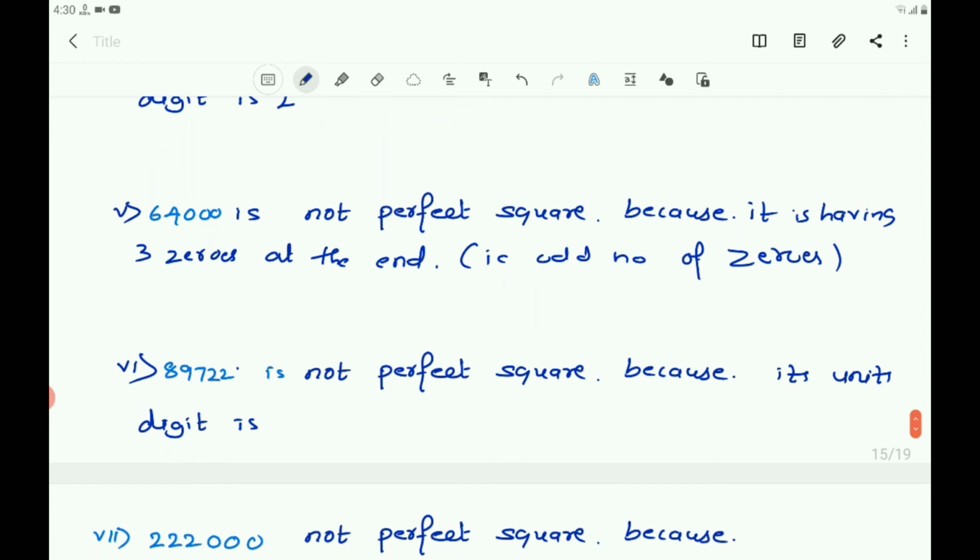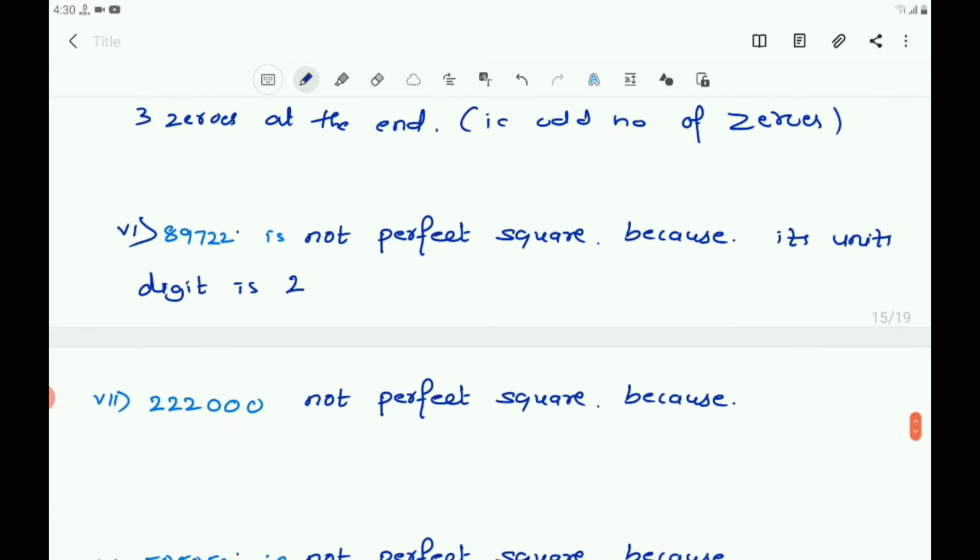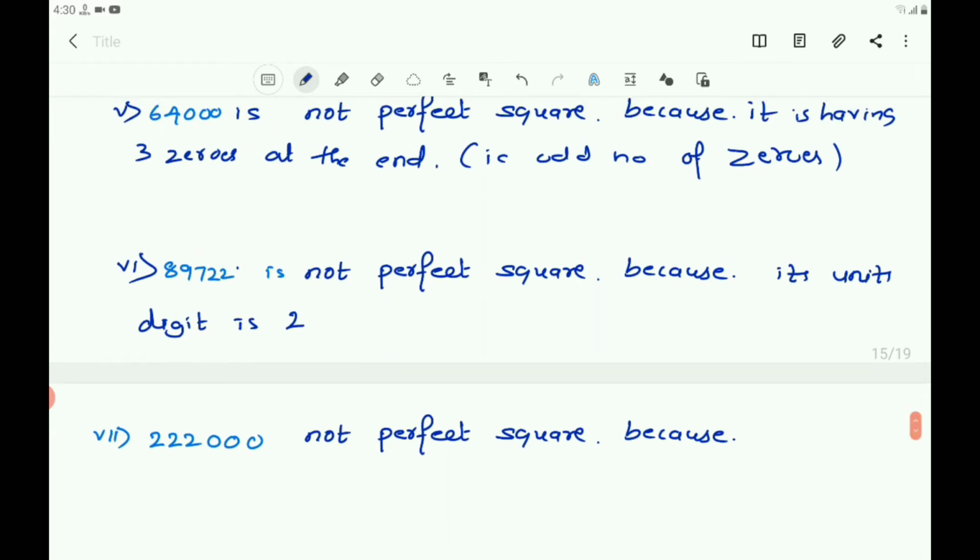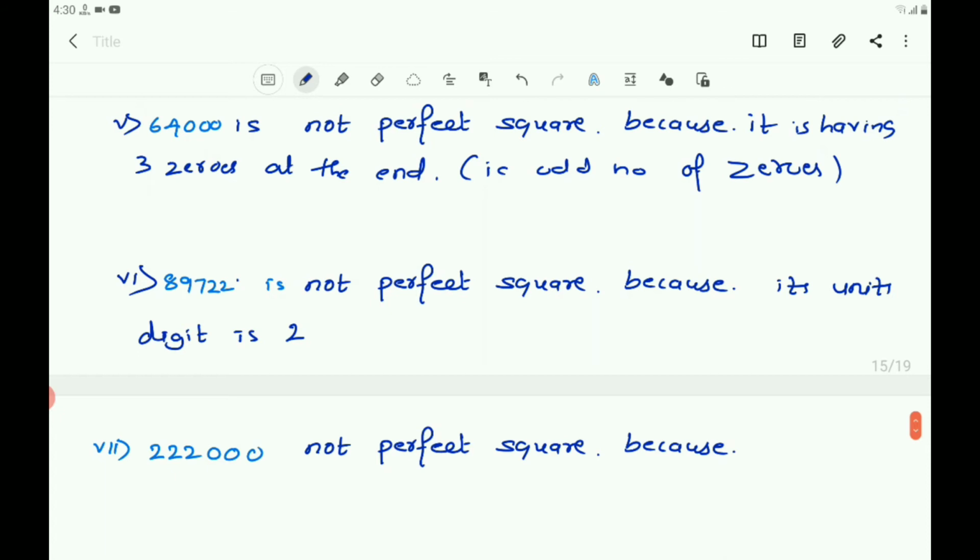Next one is 89,722. It is not a perfect square because its unit digit is 2. Next one is 2,22,000. It is also not a perfect square because there are 3 zeros at the end.